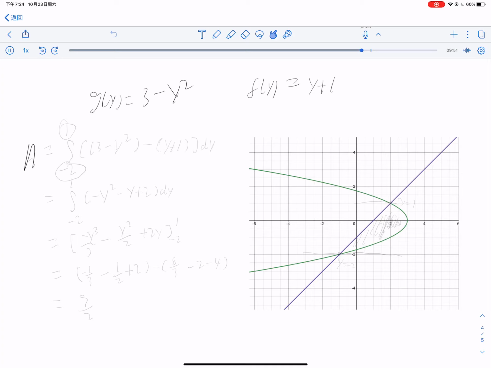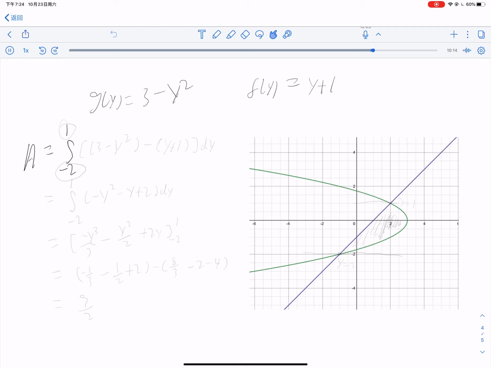So the area should still be using the function. So it's negative 2 to 1.